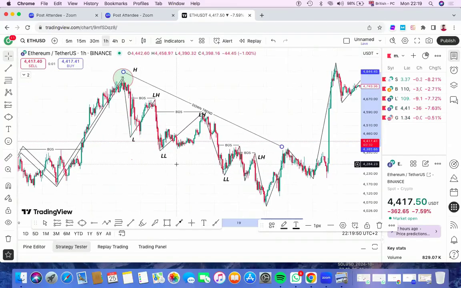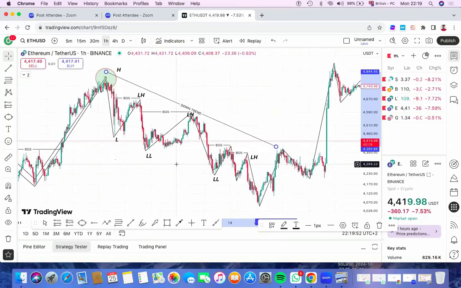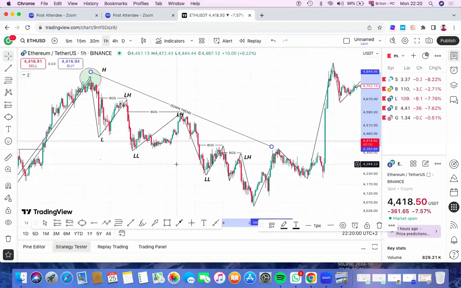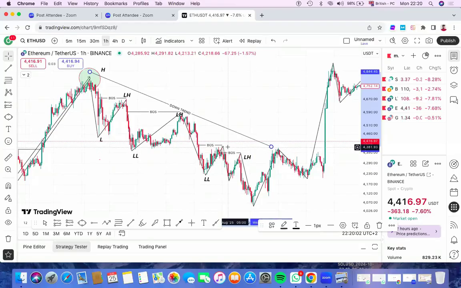Hello, can you hear me? I can hear you. I thought the break of structure would be happening down, as in on a downtrend now. Yeah, we are drawing it on the downtrend. You mean to draw it below here?